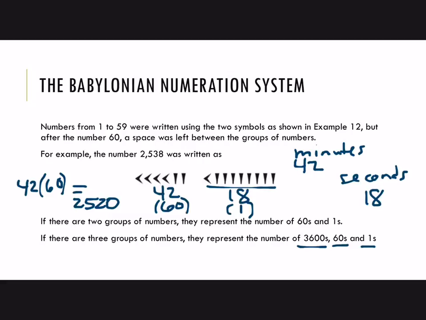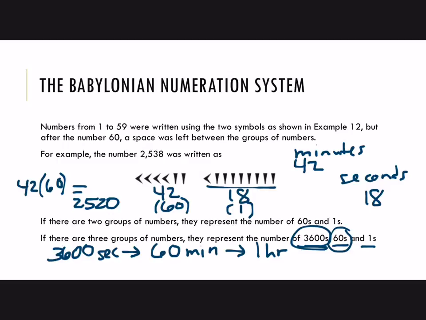So if you had 3,600 seconds, and you divide that by 60, that tells you how many minutes there are, so that's 60 minutes. And 60 minutes is 1 hour. So 3,600 seconds is kind of like looking at hours, and then 60 is minutes, and 1s is seconds.